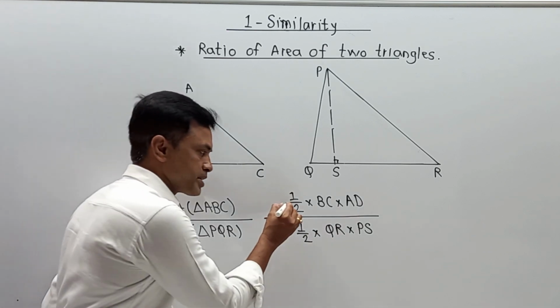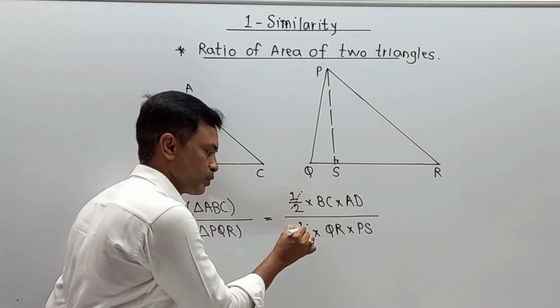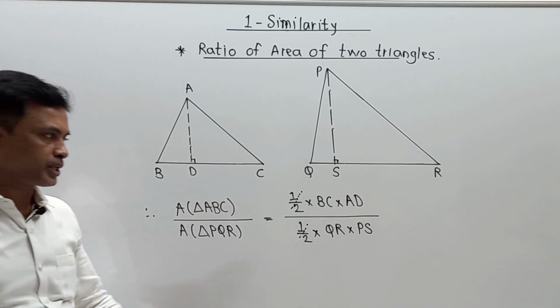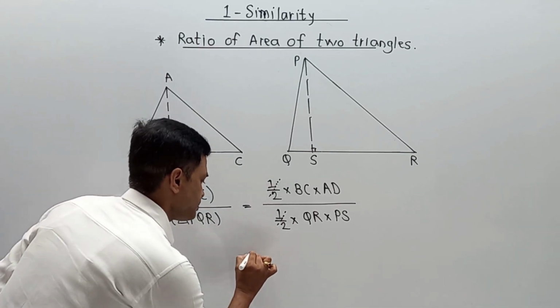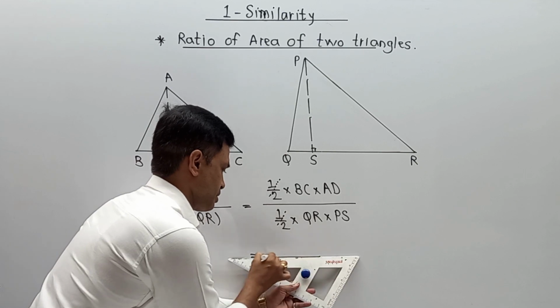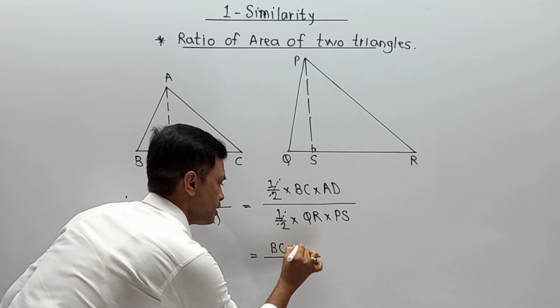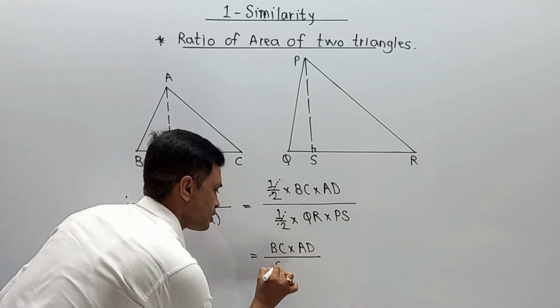Now half is available in the numerator and half in the denominator, so half gets cancelled with half, and you get a simple logic, that is BC into AD upon QR into PS.